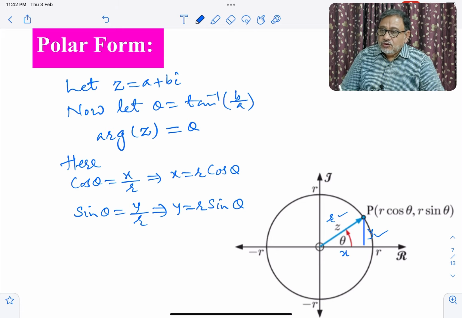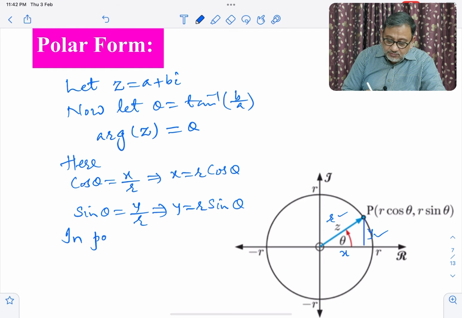So this complex number P can be represented in polar form.